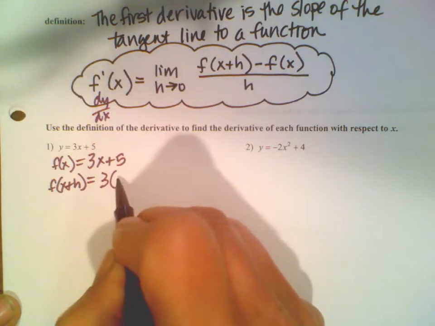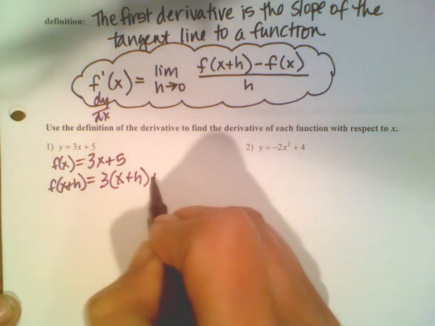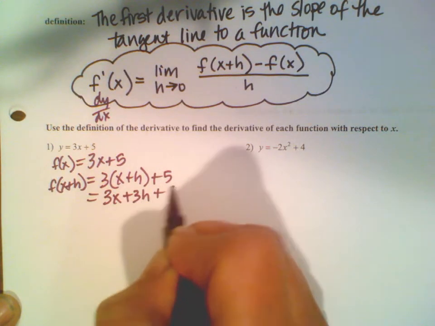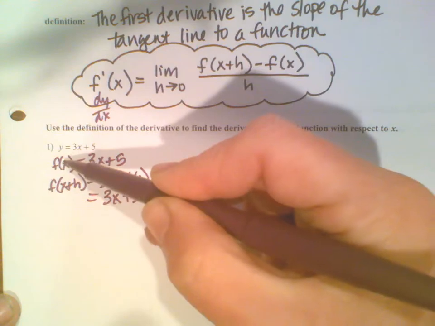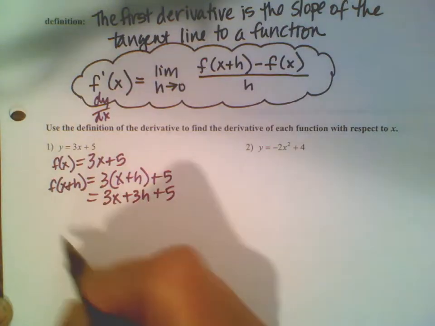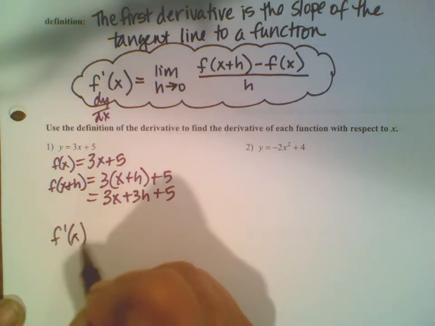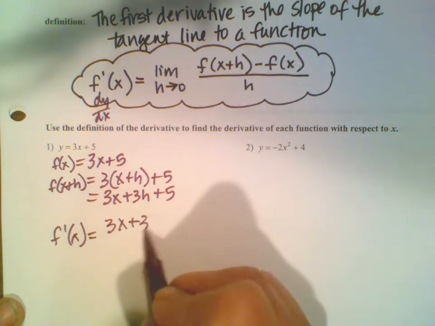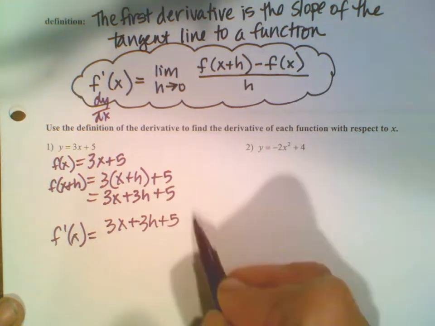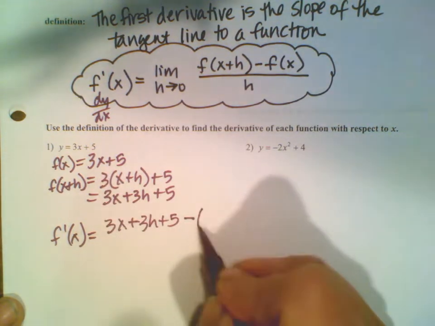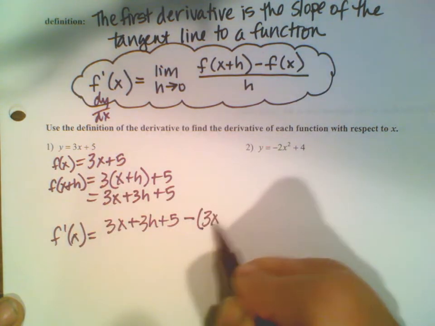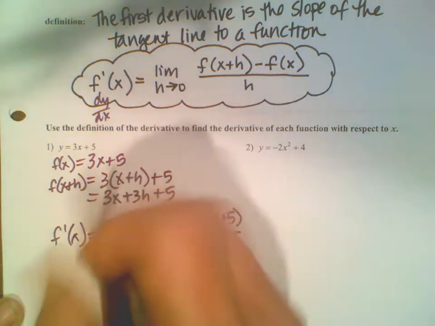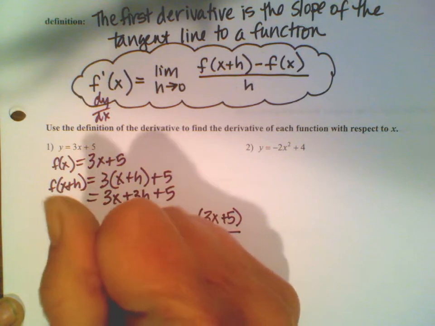And so this is 3 times x plus h plus 5, or I can write it as 3x plus 3h plus 5. Okay, so f of x and f of x plus h. My first derivative says that I need to take f of x plus h, that's 3x plus 3h plus 5, I just figured that out here, minus f of x, that's a quantity, so I've got to keep it in parentheses, 3x plus 5, over h, and I want to do the limit as h approaches 0.